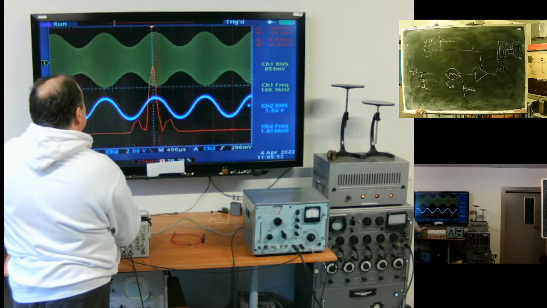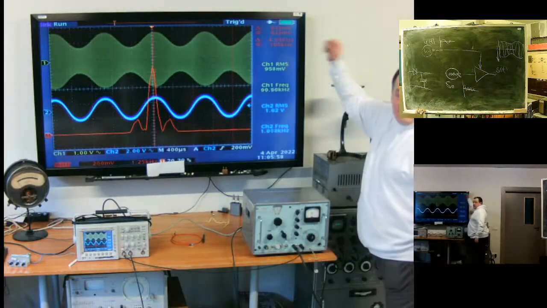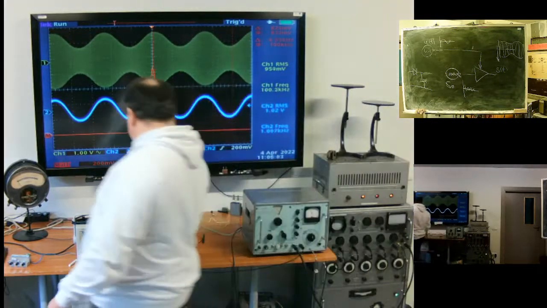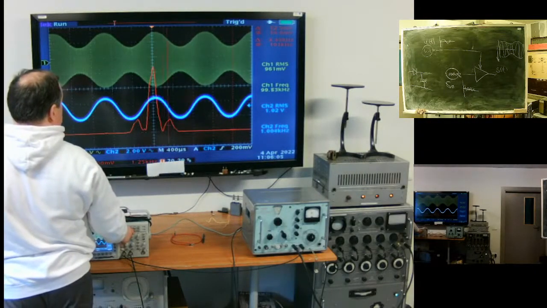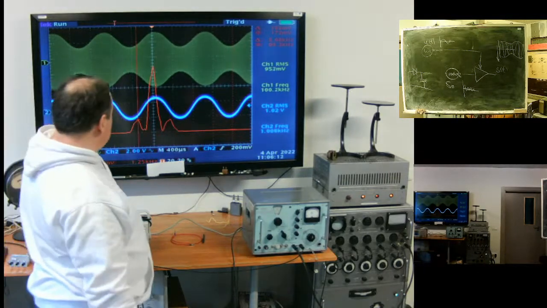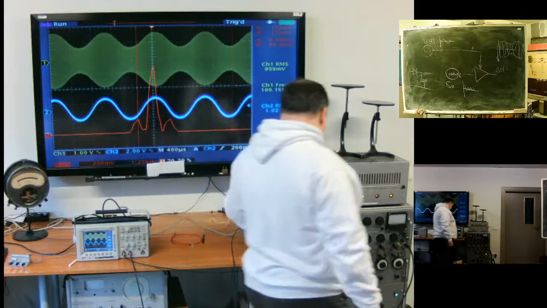Let's take a look. The central one here, 100 kilohertz, is our carrier. And the sides, this one 101, this one 99. Looks like it's our signal, it's our info.